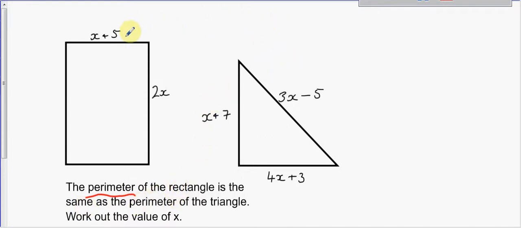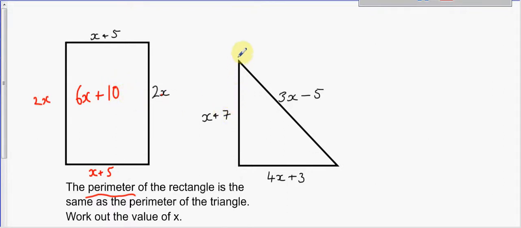So very simple, I'm going to work out the perimeter of the rectangle. Now, it's going to be helpful if I write down that that's 2x, because they're the same size, and there's x add 5. And so the perimeter is 2x, 4x, 5, 6x, and then we've got a 5 and another 5, which makes positive 10.